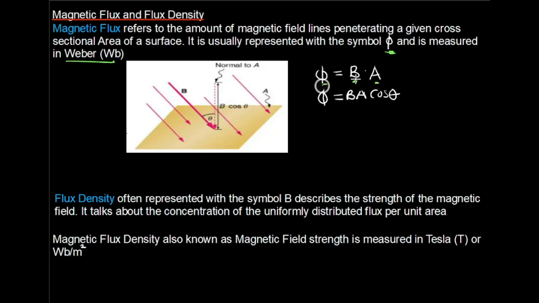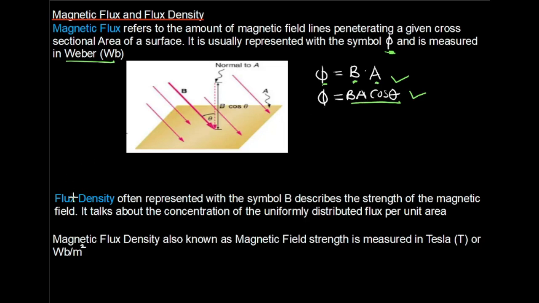Magnetic flux is equal to the dot product of magnetic field strength and cross-sectional area, that's B dot A. From vector dot products, B dot A is simply the same as BA cos theta. So magnetic flux is BA cos theta, or you can say B dot A. The whole of this can be simplified to this. So this is our equation for magnetic flux.